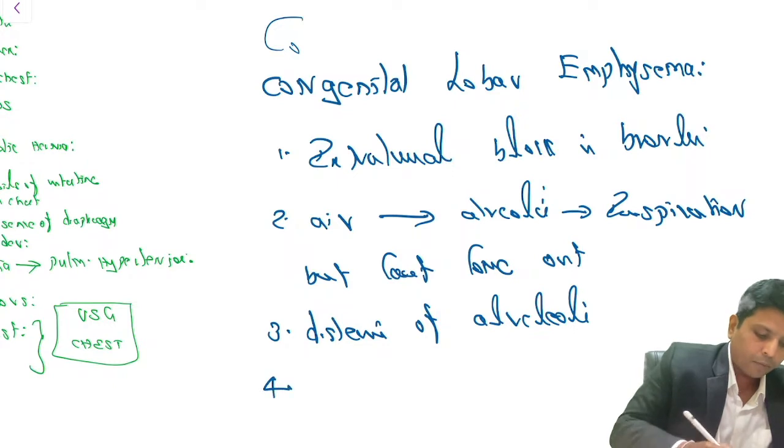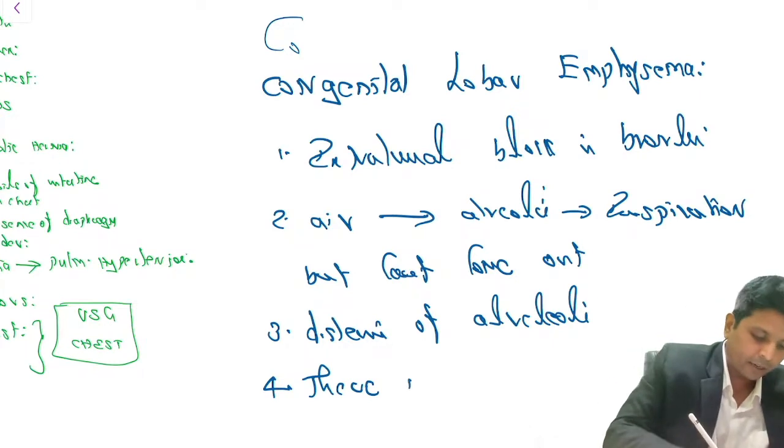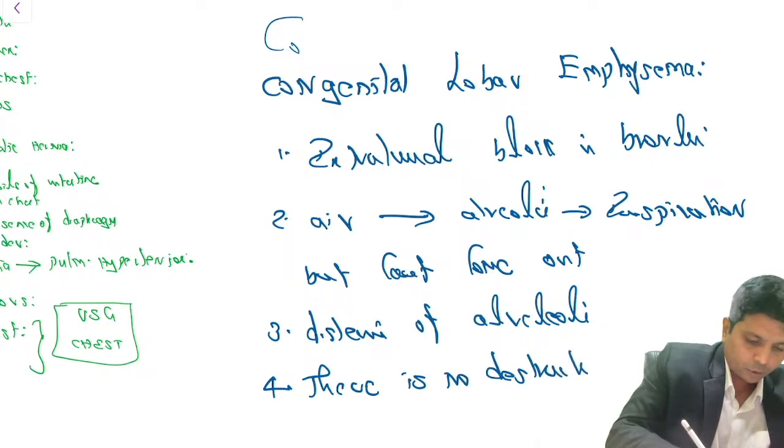But right now there is no destruction of lung wall. In adults, emphysema means there is destruction of alveolar wall. Here there is no destruction of alveolar walls.